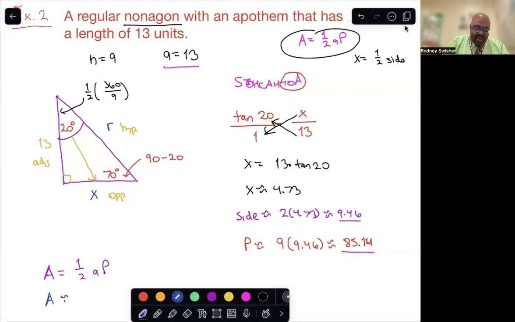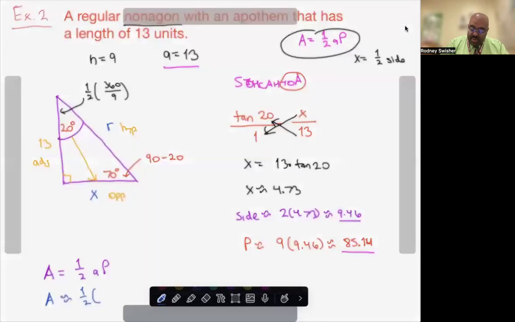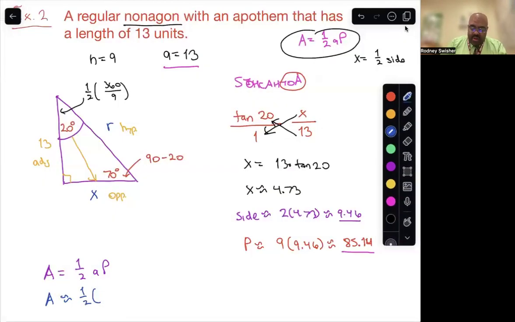So A is approximately 1/2 times the apothem, which is 13, and then we multiply that by the perimeter, which is 85.14. And all I have to do again is use my calculator.